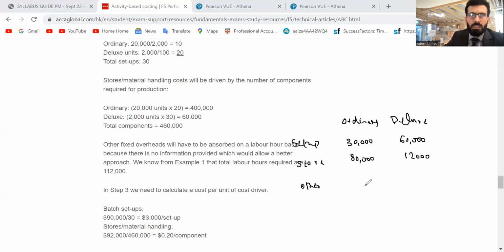And for other overheads, similarly, because the overhead absorption rate calculated for others was 0.375, when multiplied with the number of hours, we have 37,500 and 4,500 respectively for each of these two.